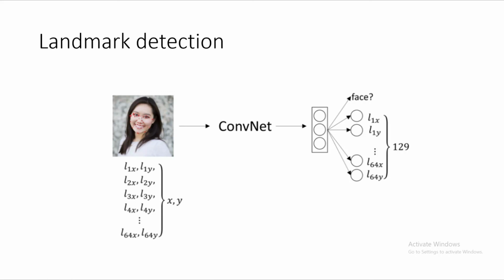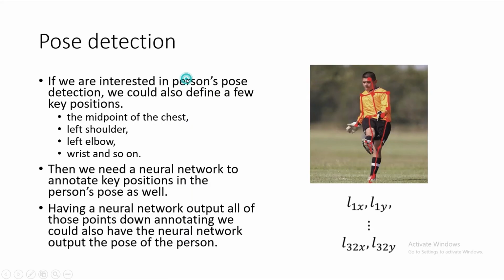Another example, similar to landmark detection, is pose detection. If we are interested in a person's pose, then we can also define key positions like the midpoint of the chest.